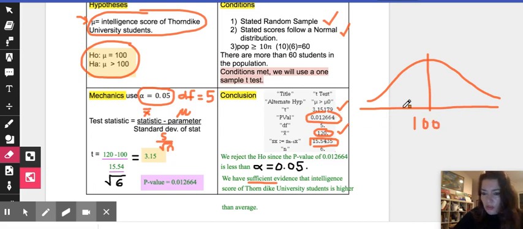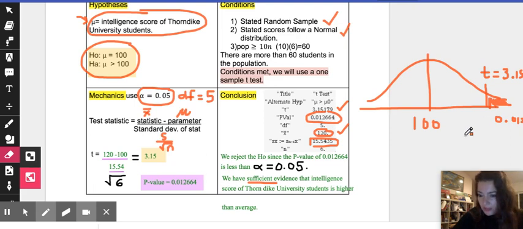Our t-score is 3.15, which means if our t-score is somewhere here, 3.15, this area under the curve here, that is the p-value that we got to be 0.012. So that is our 0.0126.